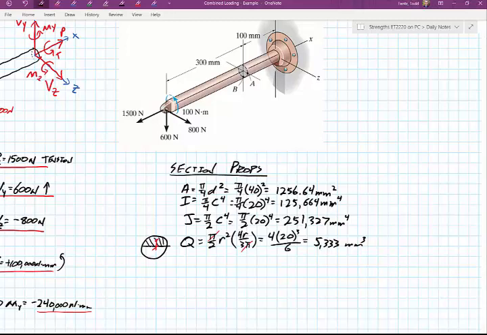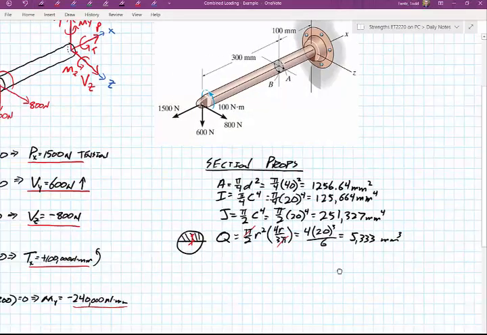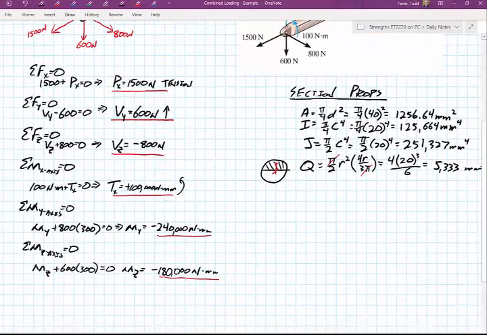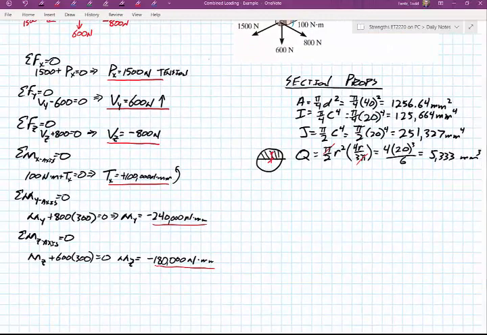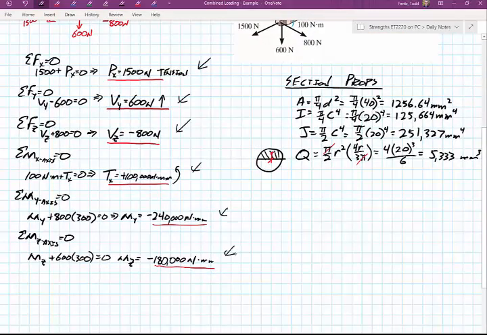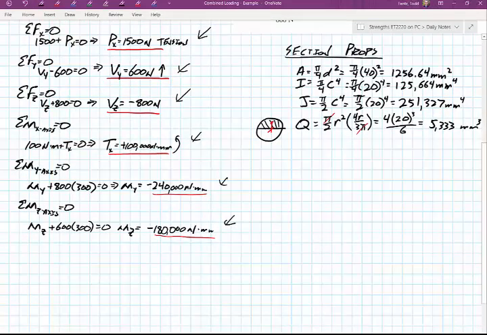So after I have my section properties, the key to these problems is to go one by one through each one of these forces and moments and say, does it create a stress? If so, what is the magnitude of that stress and what is the subscript? So let's start with the Px of 1500 newtons.